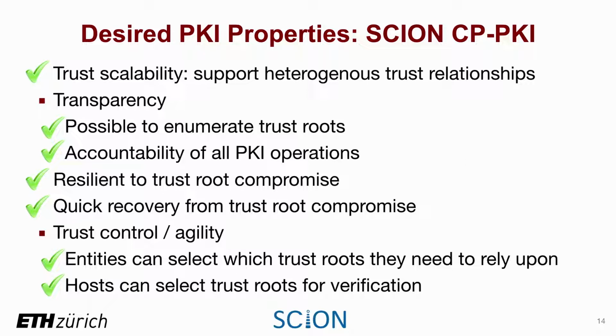And so a single malicious core AS is insufficient to update the TRC, and thus we also get this resilience to compromised roots of trust. In terms of control and agility, an AS can decide which ISD it wants to be part of, as well as hosts can select a TRC that they want to use to start their verification.